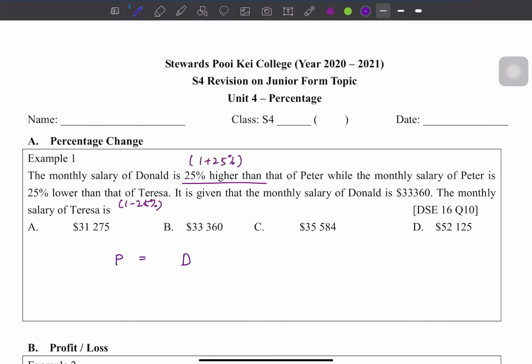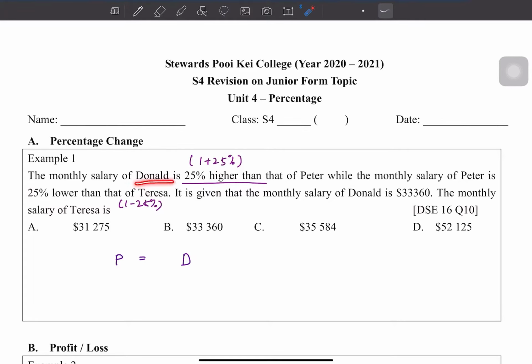Which term multiplies 1 plus 25%, which is equal to another unknown? That means 1 plus 25% is times the salary of Peter, or Donald times 1 plus 25%, which is equal to the salary of Peter.